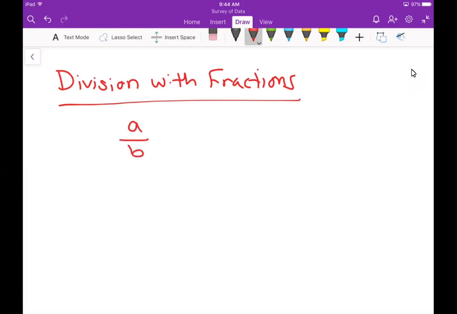If you have one fraction divided by another, it is the same thing as the multiplication problem with the second fraction flipped. So this is the same thing as taking A divided by B, or A over B, and not dividing it anymore. So your operation is going to change from division to multiplication, and your second fraction always flips.